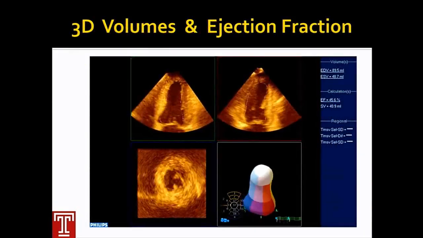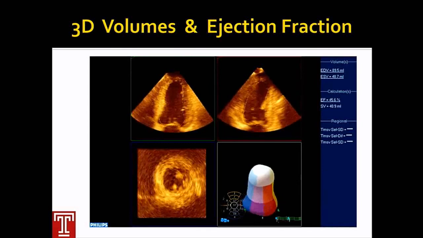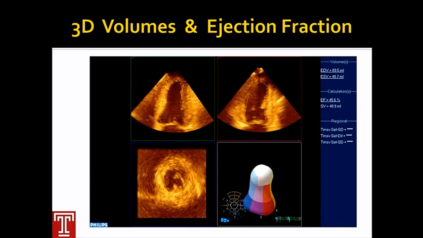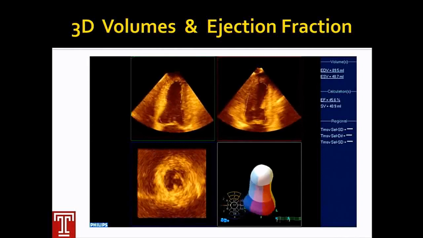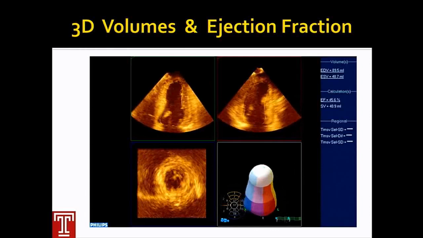Here's an example from our institution of a 3D volume and ejection fraction calculated from 3D volumes. Various machines do it in different ways, but basically you're asked to pick out various points on the myocardium. The machine makes an auto trace in the three views as noted here.